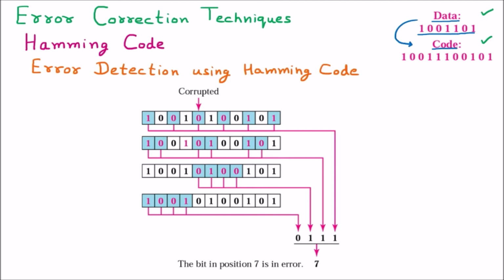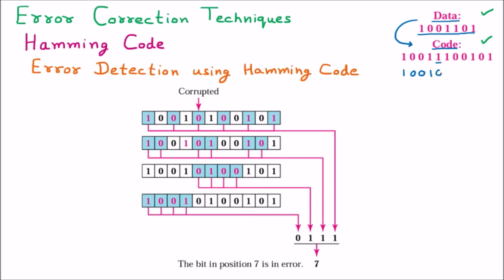Now in this code, if some error comes, because this code we have sent from sender to the receiver, now at the receiver side, if the code is received and there is some error, let us suppose that we are having some error here, assuming that it is already 1 0 0, then afterward 1, then this bit got changed.